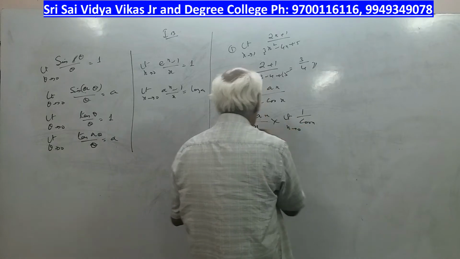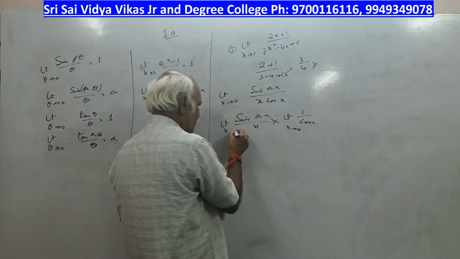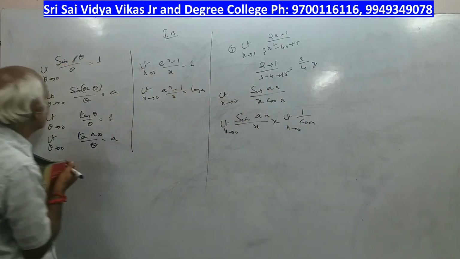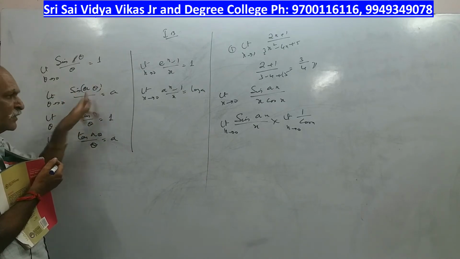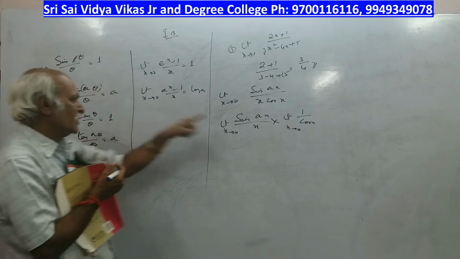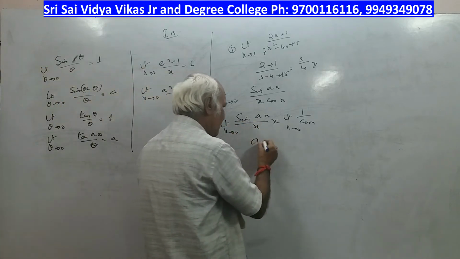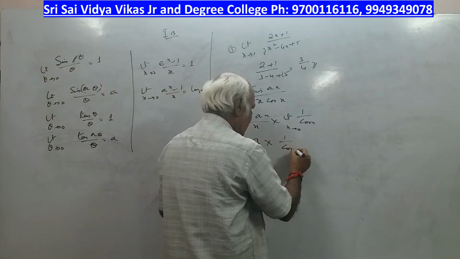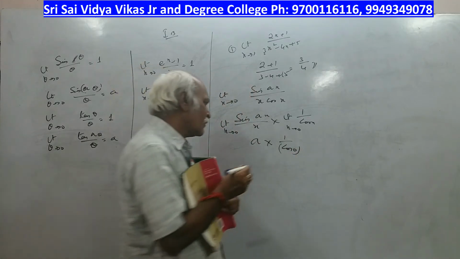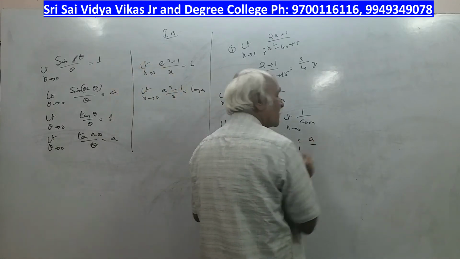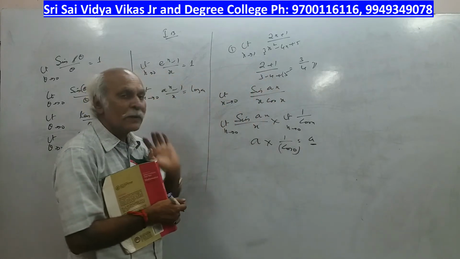I gave one formula: sin a theta by theta is equal to a. Whether theta is there or x is there, it is the same formula. So, this is a into 1 by cos 0. What is the cos 0 value? From trigonometry, it is 1. So, this becomes a. We have to apply this concept.